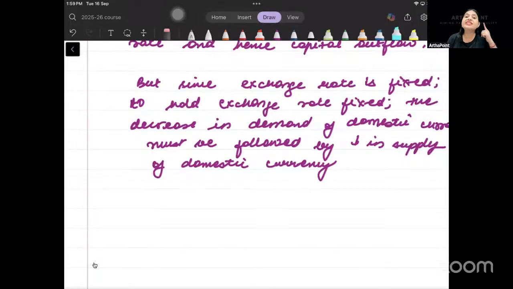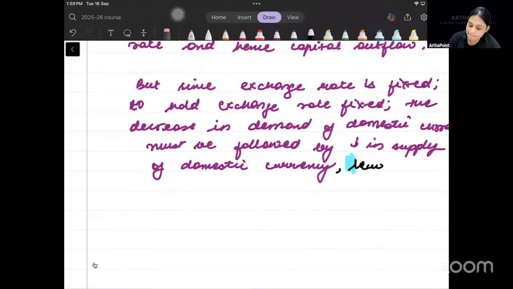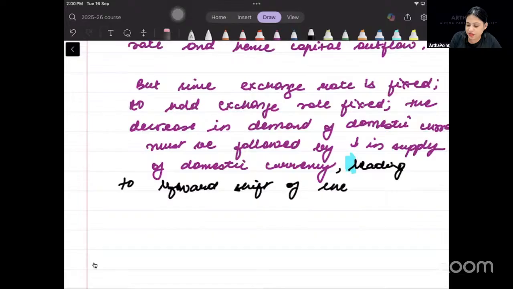But when you decrease the supply of the domestic currency, it leads to a leftward shift of the LM curve.